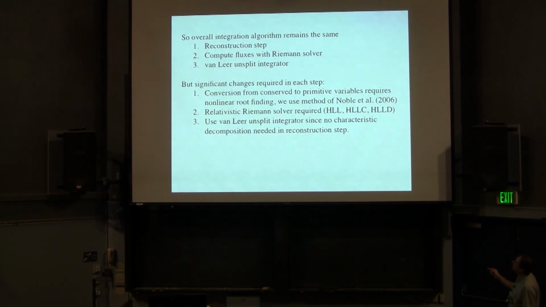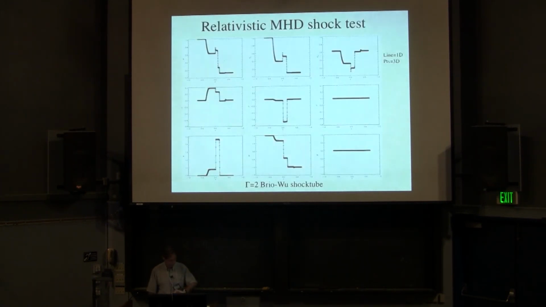And then finally, you can use this van Leer split integrator without any characteristic tracing, and that carries over with almost no change at all. So in the way you write the code, it's very, very similar to the Newtonian code. It doesn't require that much change. You just have to change the transformation between conserved and primitive and slot in a new Riemann solver. And then you have a special relativistic code. So not so bad after all.